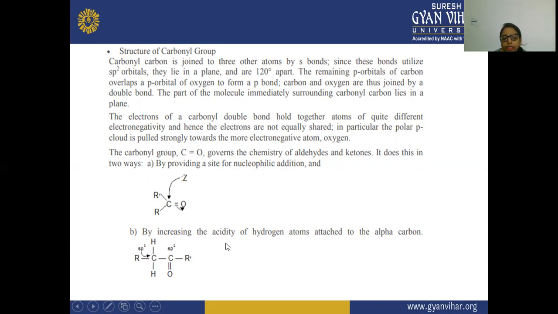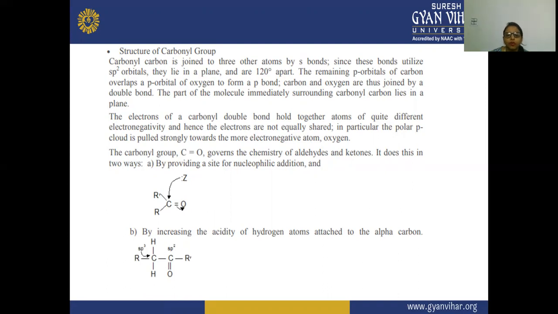The attachment to the carbonyl increases the acidity of this hydrogen. So the structure of the carbonyl group is that the carbon is attached to three atoms.